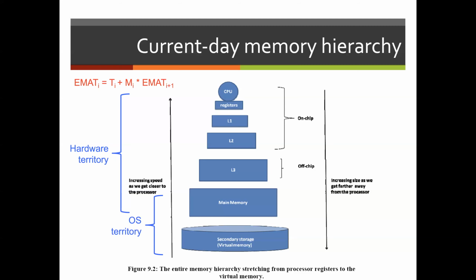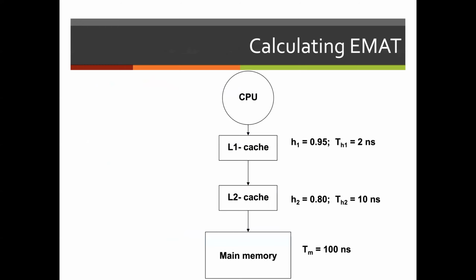If we want to calculate our effective memory access time, it's going to be the time to access the cache, plus the miss ratio times the memory access time. Let's consider an example.